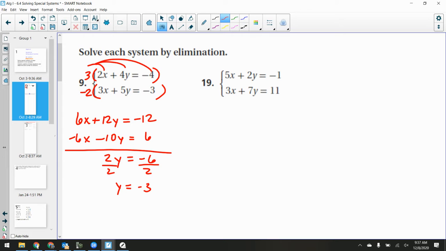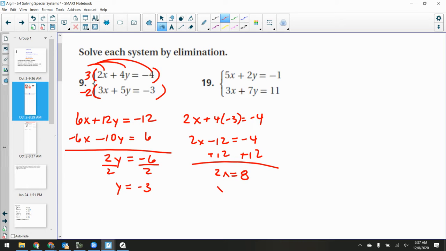I plug that back in, let's go to the top equation. Doesn't really matter. 2x plus 4 times negative 3 is negative 4, so 2x minus 12. I add the 12. 2x is 8, so x is 4. 4 comma negative 3 should be my solution.